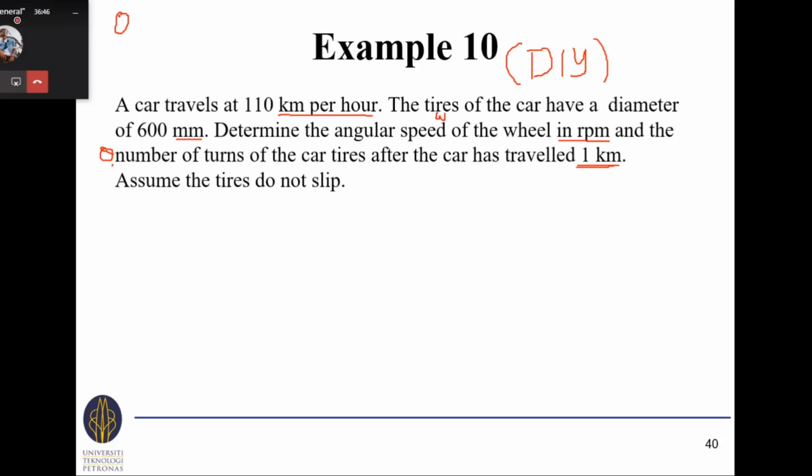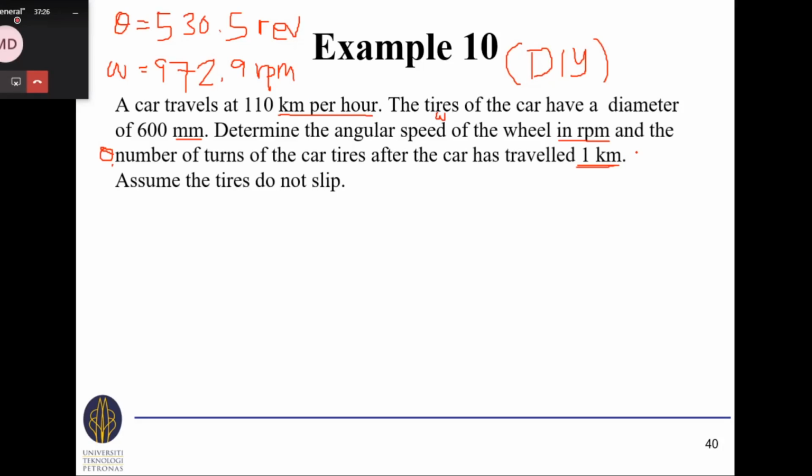Theta is 5305. And omega equals to... Whatever you calculated, you will get in SI unit.